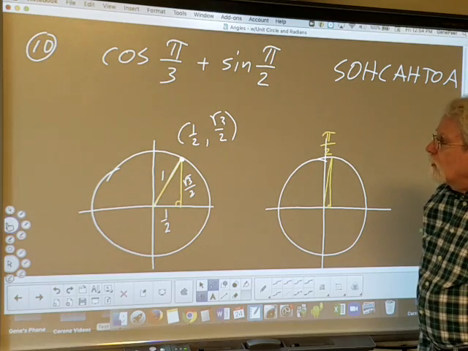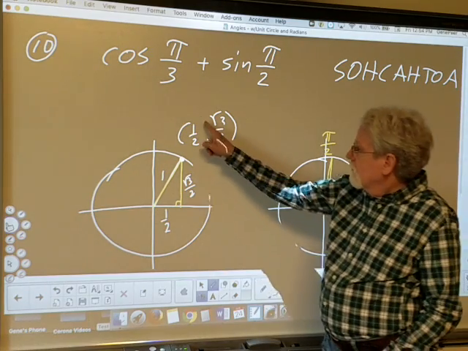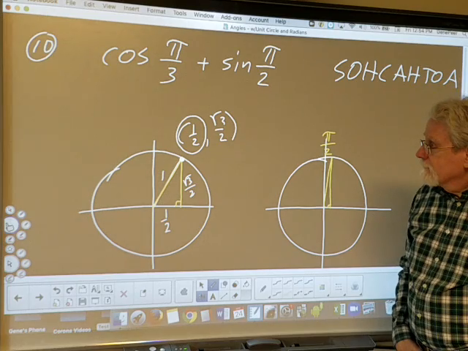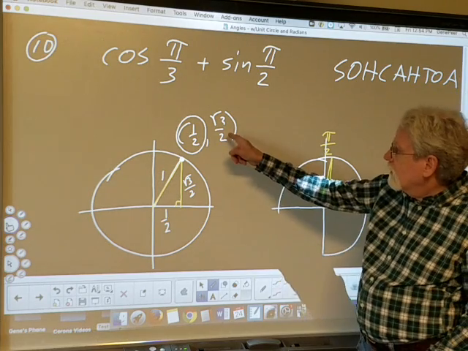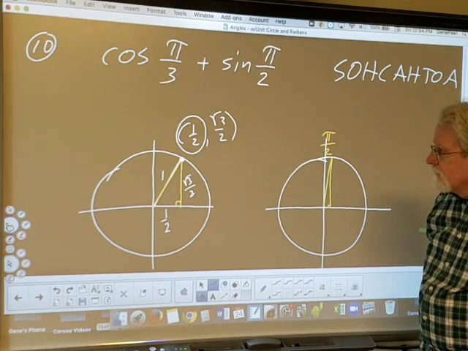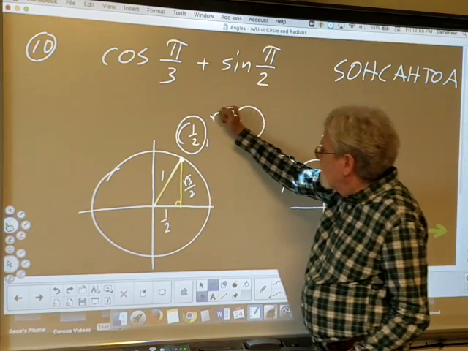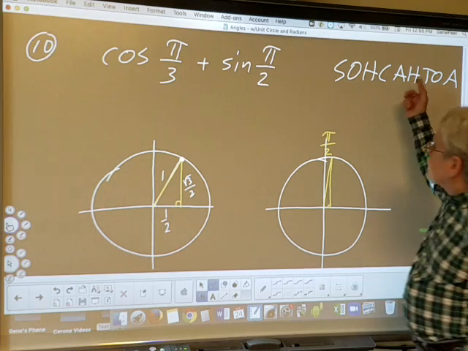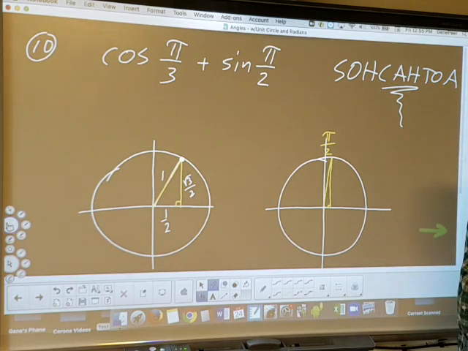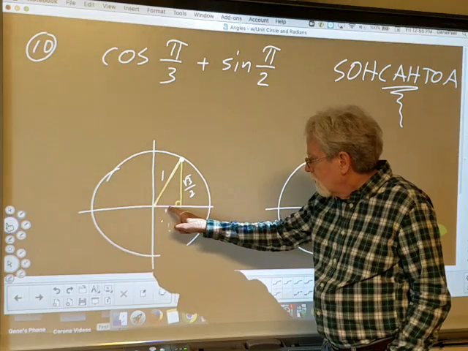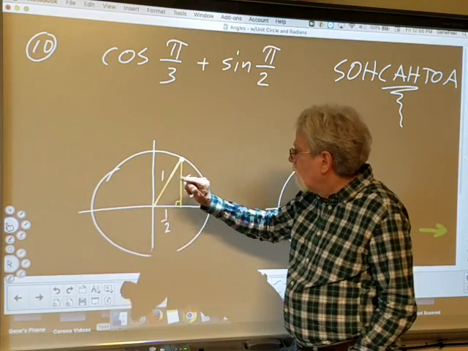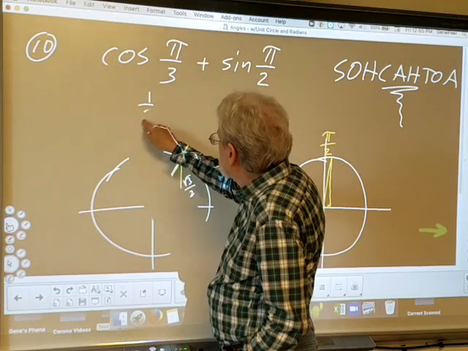The old definition of cosine is, it's the first coordinate. Sine is the second coordinate, cosine is the first coordinate. Well, let's use SOHCAHTOA to get the same result. SOHCAHTOA says cosine is adjacent divided by hypotenuse. Adjacent, 1/2, divided by hypotenuse, 1. 1/2 divided by 1 is 1/2.